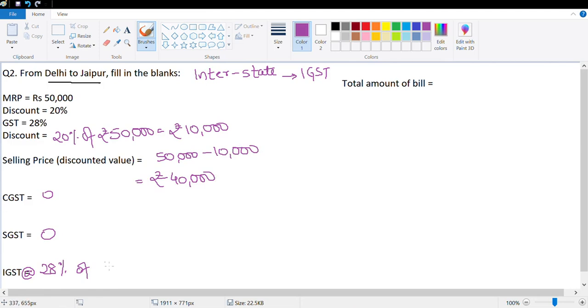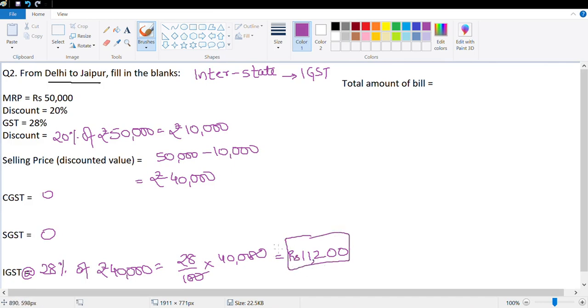Next, IGST at the rate of 28% of the selling price, which is rupees 40,000. So that would be 28 upon 100 into 40,000. Let's do the calculation. This is 28 into 4, that's 112 with 2 zeros. So that's 11,200. So IGST is rupees 11,200.